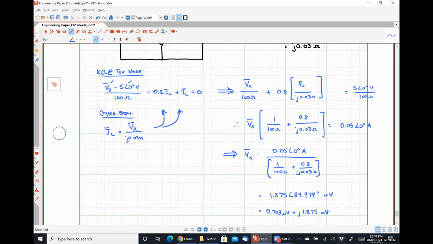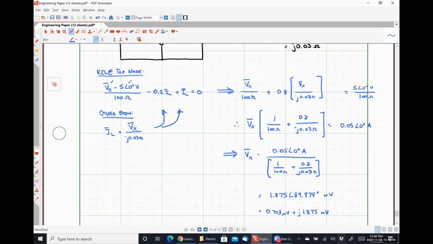All right. Anybody get these answers? So I have 1.875 angle, very, very close to 90 degrees millivolts in polar form, or 0.703 microvolts plus j1.875 millivolts.